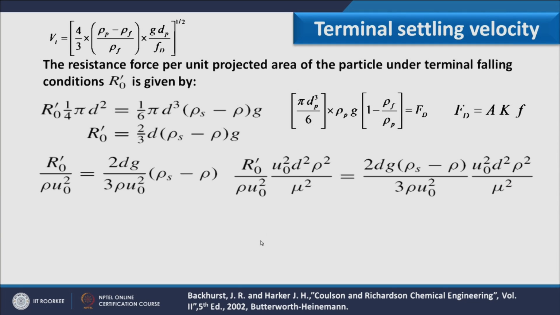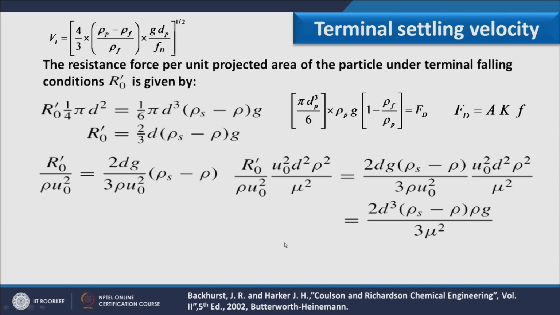When we resolve this equation, u naught square and u naught square cancel out, and we can write the right hand side expression like this: 2d cube, rho s minus rho, into g, by 3 mu square.